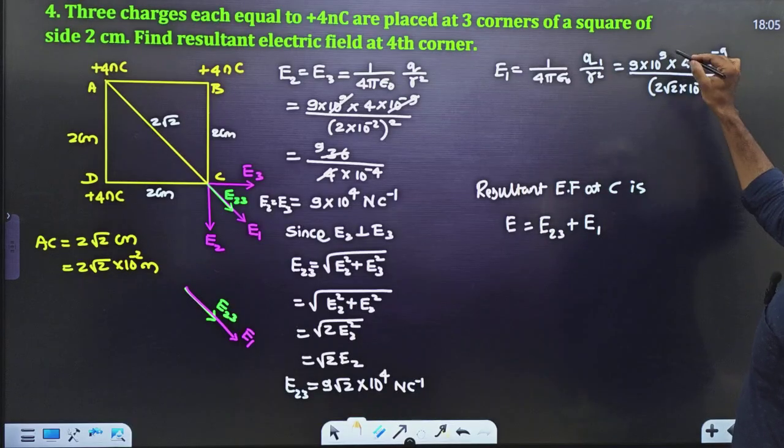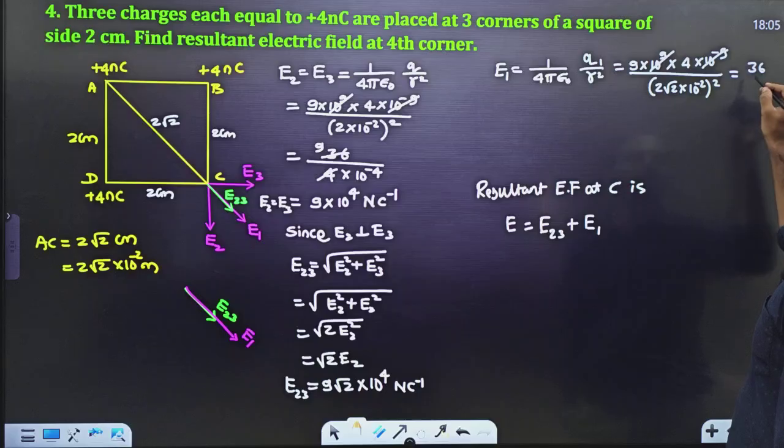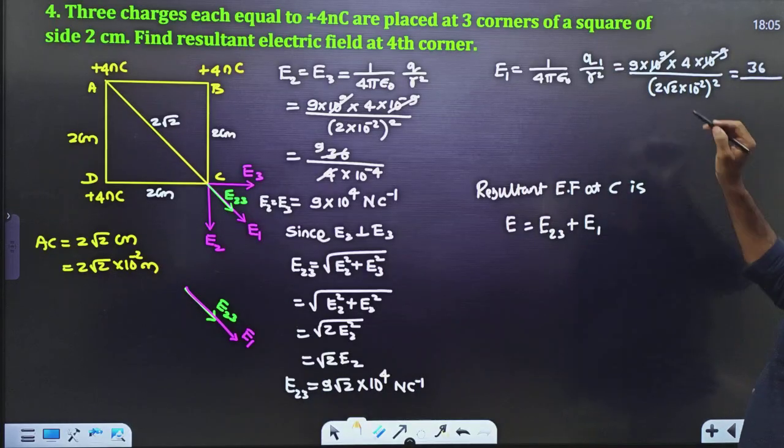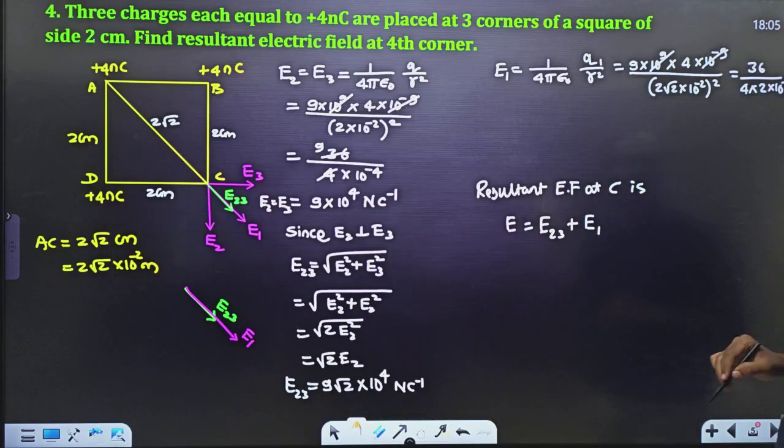Correct? So 10 to the power plus 9 and minus 9 will get cancelled. What you will get? 9 into 4, 36, divided by 2 root 2 square. 2 square is 4, root 2 square is 2, and 10 to the power minus 2 square is 10 to the power minus 4.